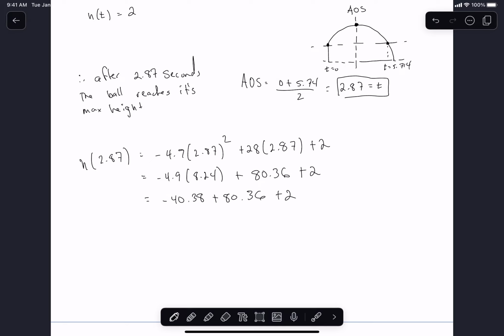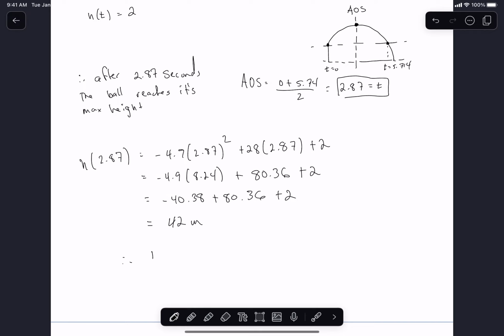If I do the addition, negative 40.38 plus 80.36 plus 2 should give us 41.98, so 42 meters.